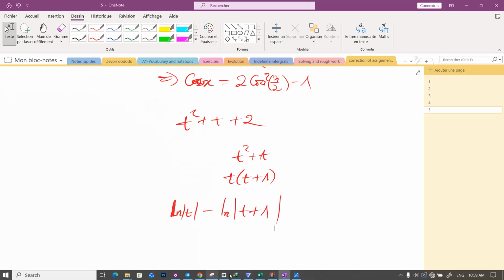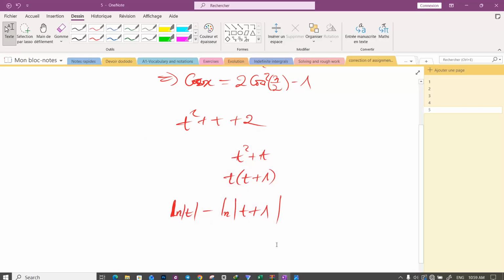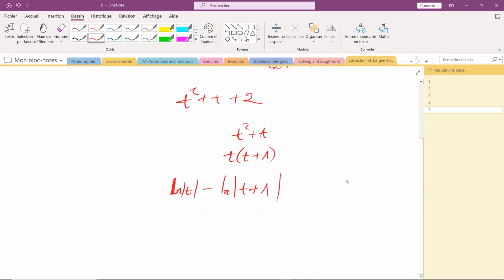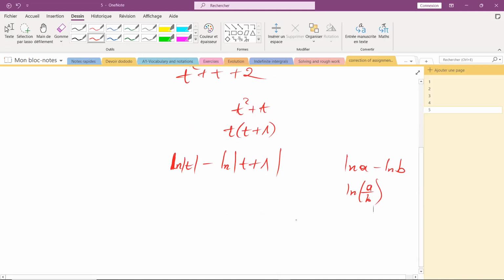Yes, exactly. This is ln of a minus ln of b. This becomes ln of a on b. Always try as much as possible to simplify things, because at times they give marks for you to simplify things as much as possible, and you will lose marks if you don't do that.